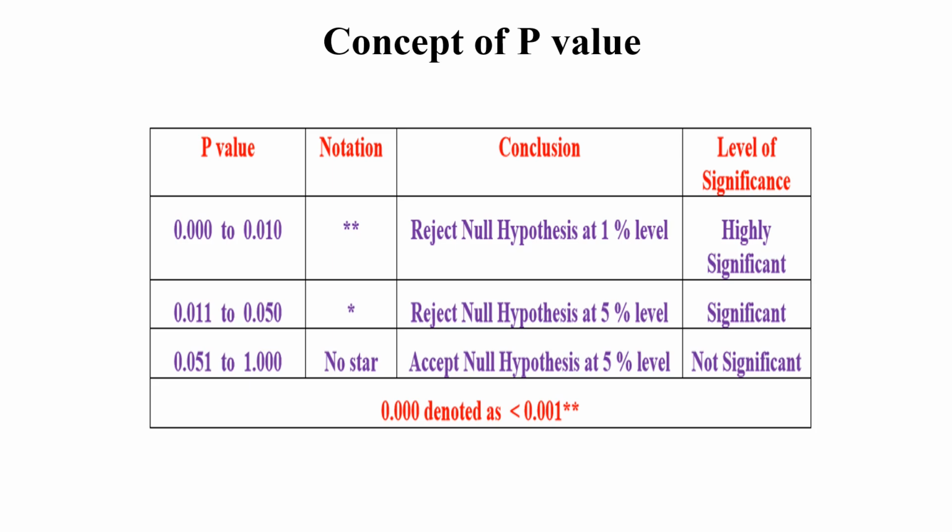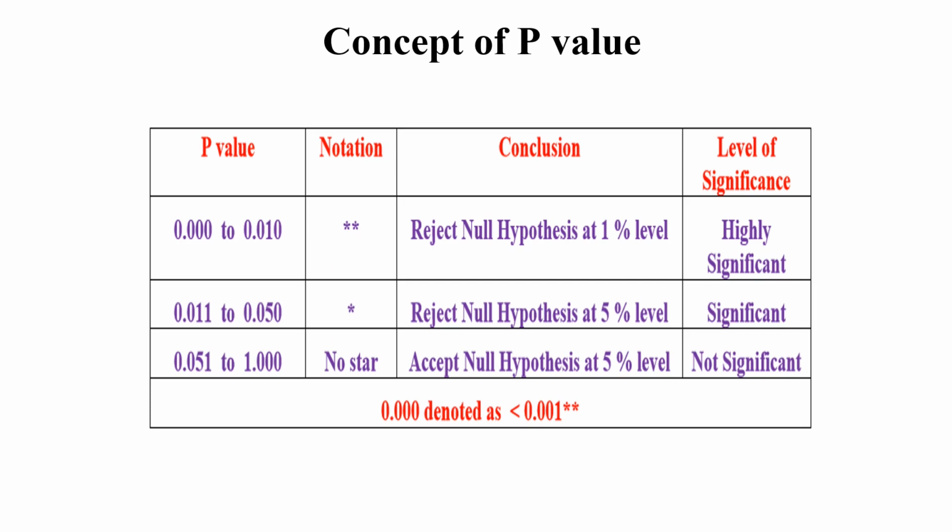If the p-value is between 0.011 and 0.050, then we reject the null hypothesis at the 5% level of significance, which is significant. If the p-value is between 0.051 and 1, there is no star, which means we accept the null hypothesis at the 5% level and it is not significant.